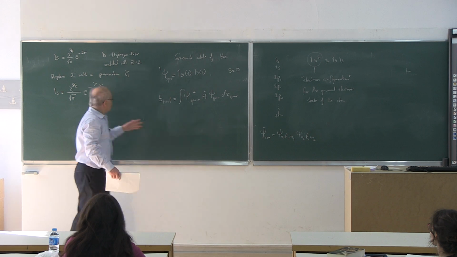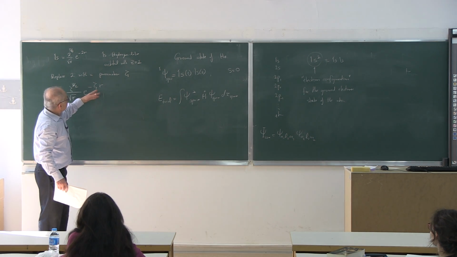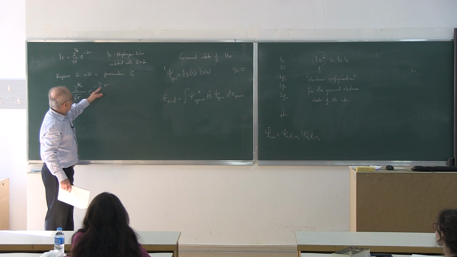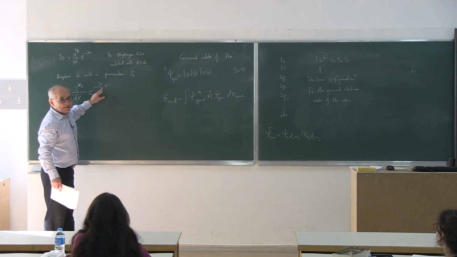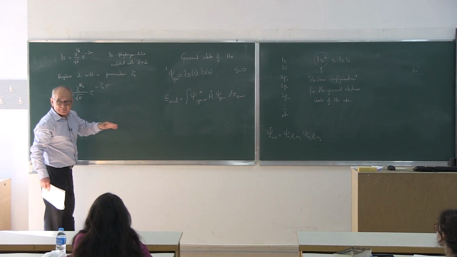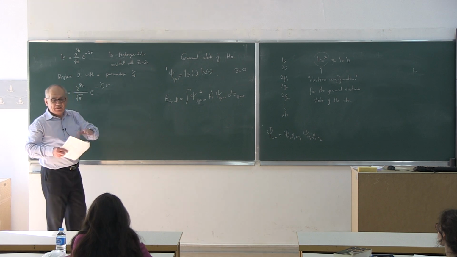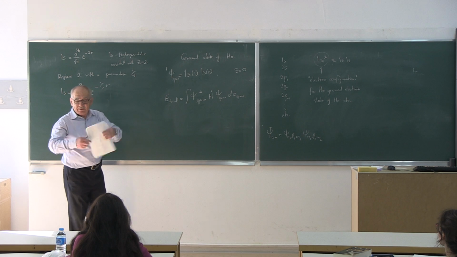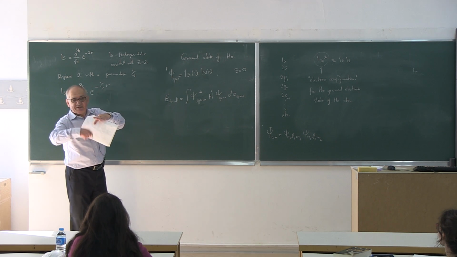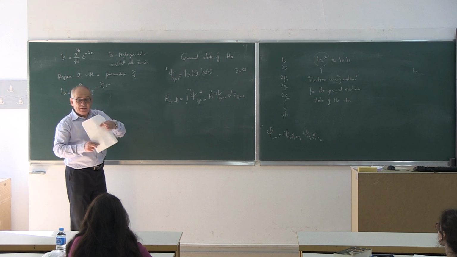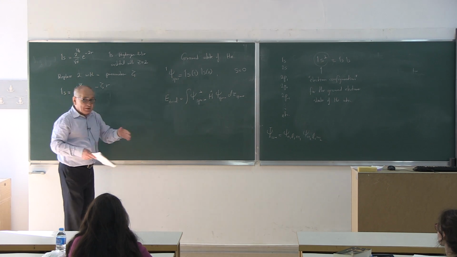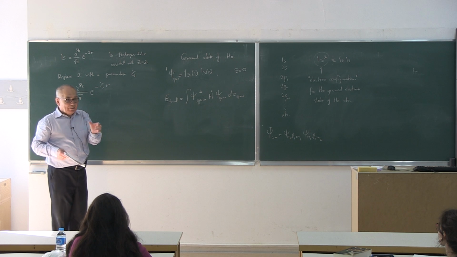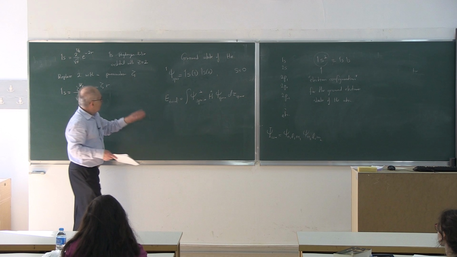Therefore, whatever value for zeta we select in this expression, it is not possible to obtain an energy from this integral which is lower than the exact ground state energy.